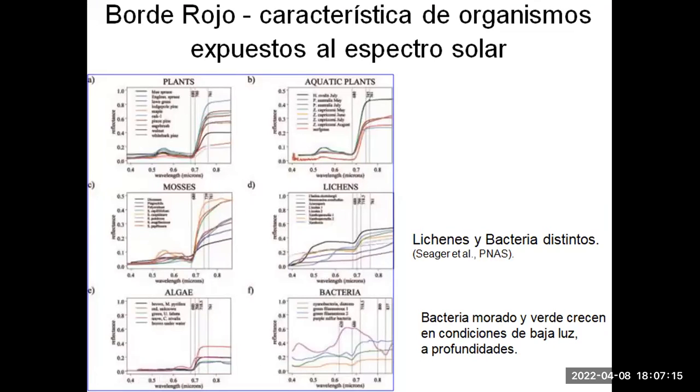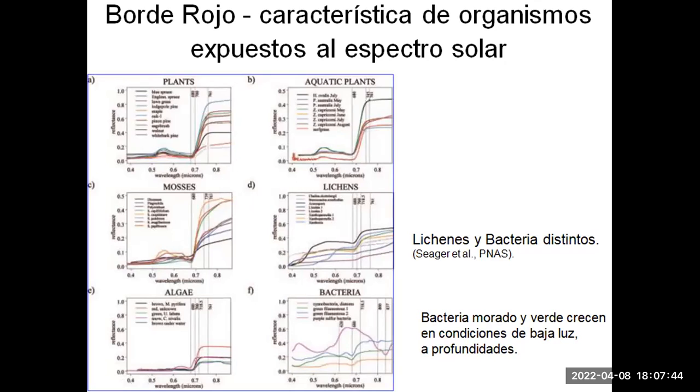So this red edge is a characteristic of organisms which are exposed to the solar spectrum. We have it for plants, and here what I'm plotting is the inverse of the absorption, so this is the reflection.